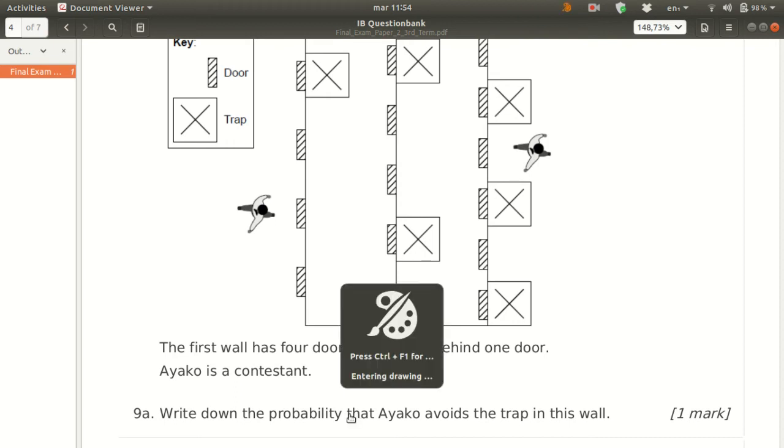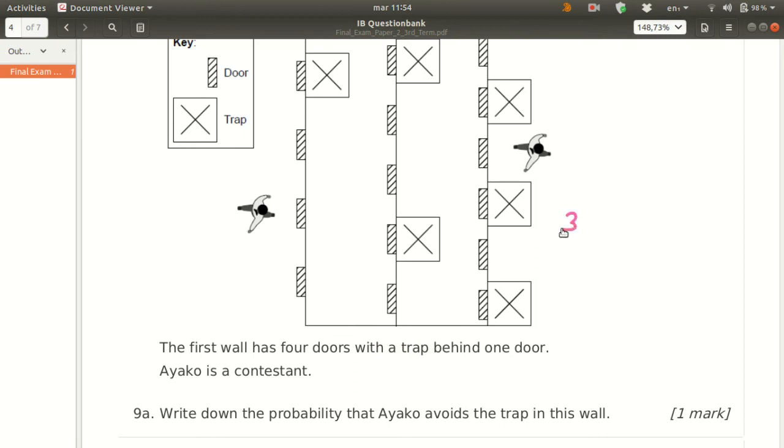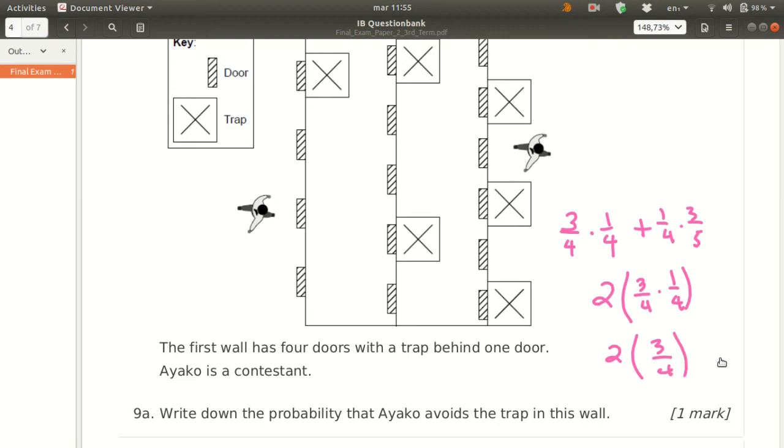If Ayako passes, that's 3/4. If Natsuko doesn't, that's 1/4. So that's that probability, and I need to add it to the probability that Ayako doesn't pass and Natsuko does pass.